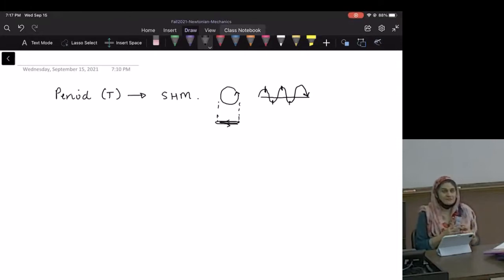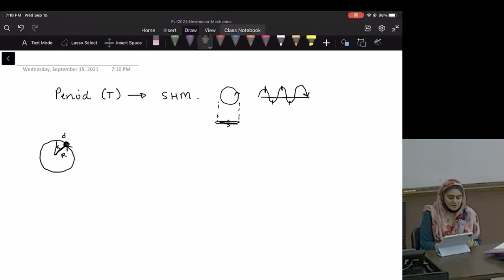Let's start with the simplest thing that we did at the beginning of the semester, which was centripetal force. There is a mass attached to a string, and it is moving in a circle. There is a radius r, and an angle that it traverses through that we usually call phi.